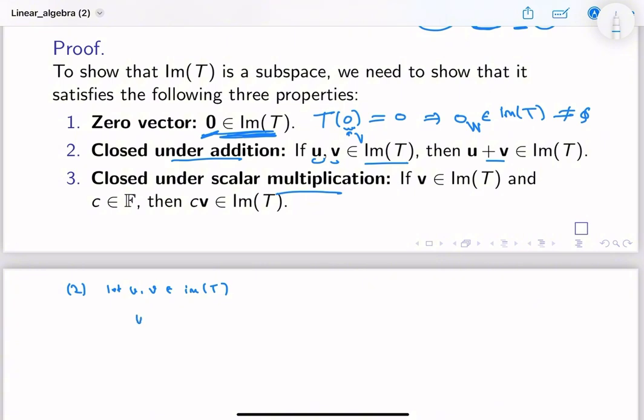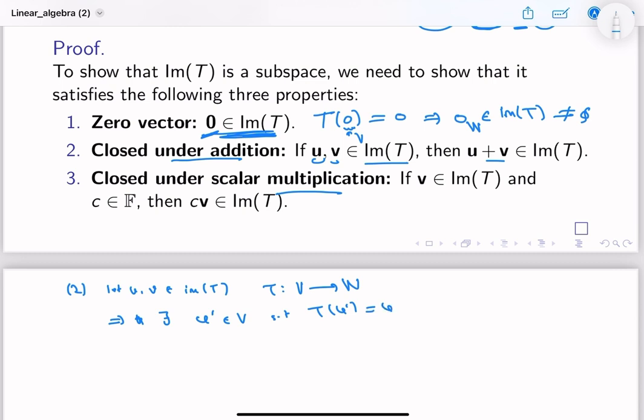Since T is a linear transformation from V to W and u is in the image, there is some u prime in V such that T of u prime is equal to u.